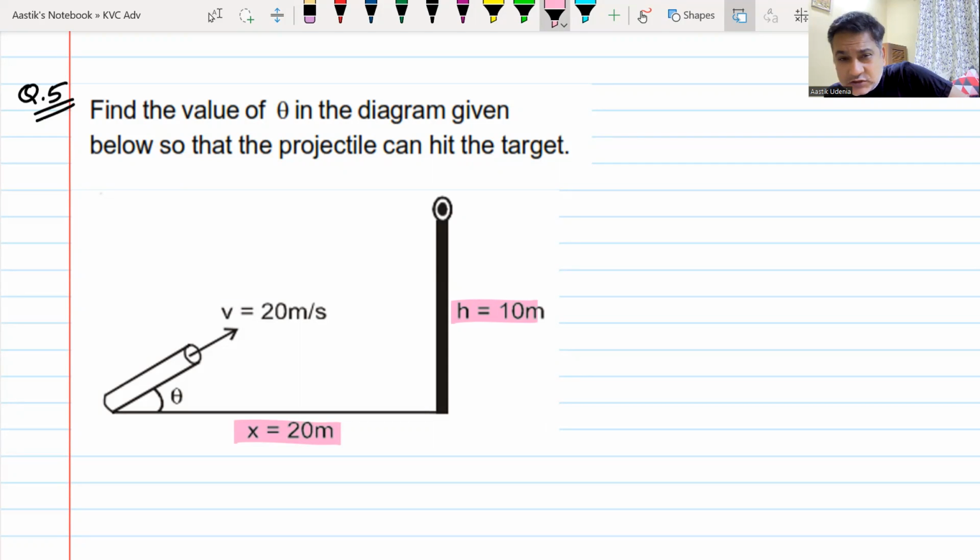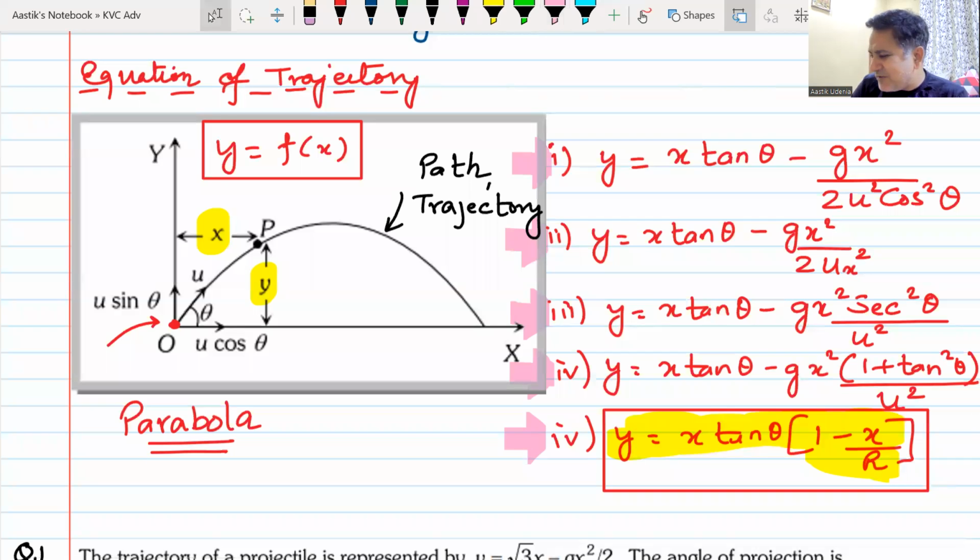Yes, we use the equation of trajectory, but remember, I have chosen all those questions so that we can use almost all forms of equations, and one form which looks very difficult to see, which is the form that looks most difficult.